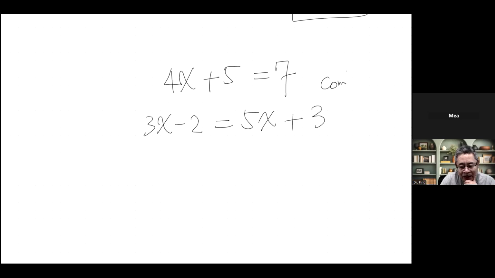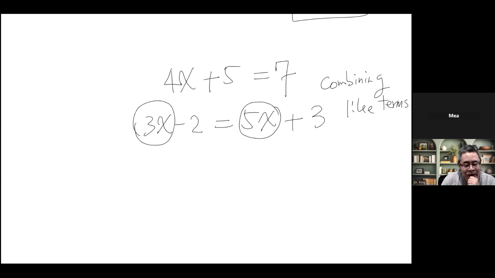Combining like terms. Now, we know all the numbers are like terms, okay? And we also know that this and this are called like terms. And for the like terms, we can actually add or subtract because both only have x.